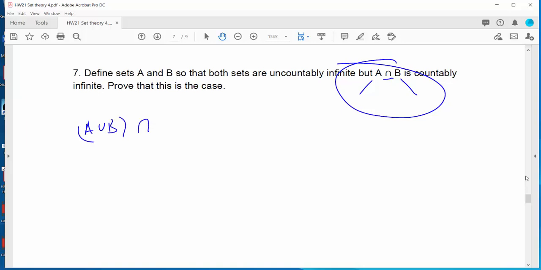And I'm going to intersect that with, say, A union C. Okay, well, you know that the intersect of A union B and A union C is just A. So if A had specific properties and B and C had specific properties, then essentially when you put these together, the properties associated with B and C drop out, and all that you're left with is the properties associated with A.